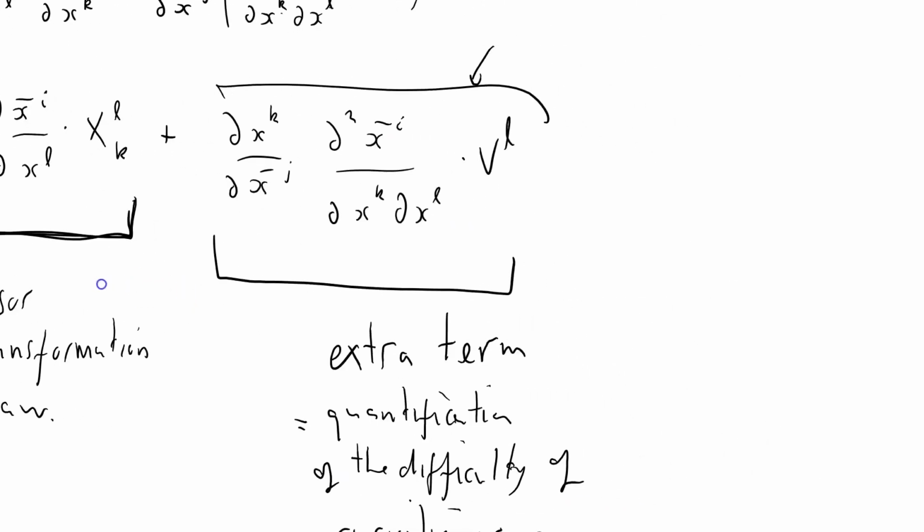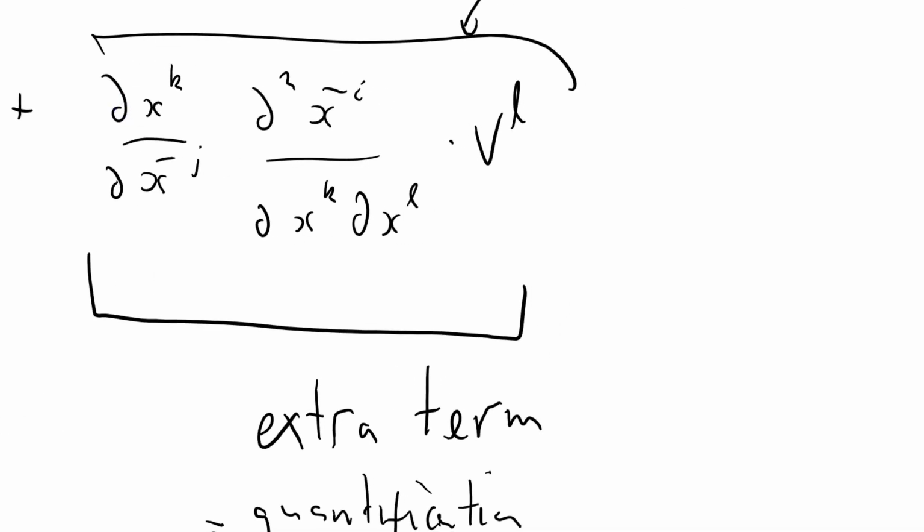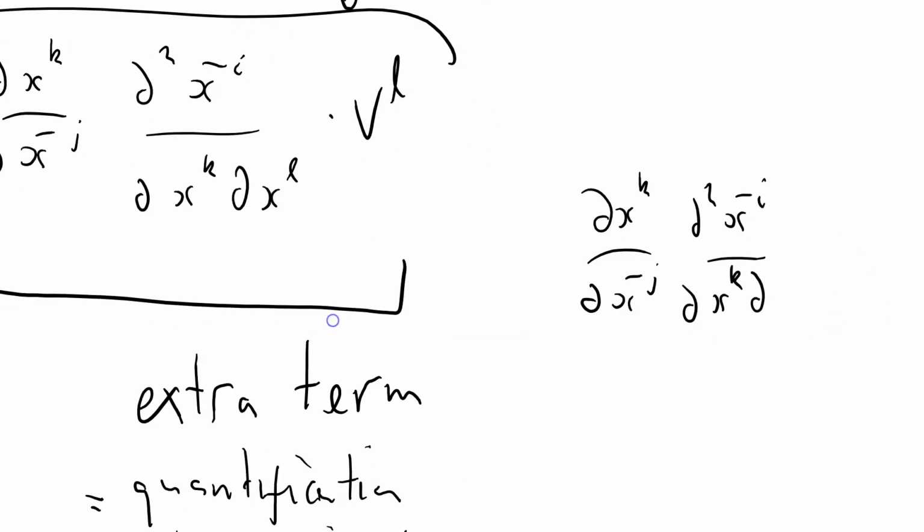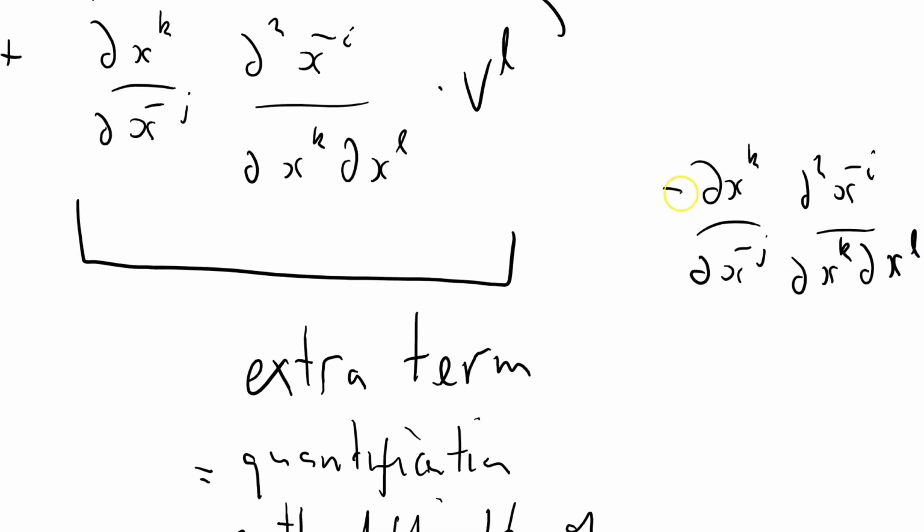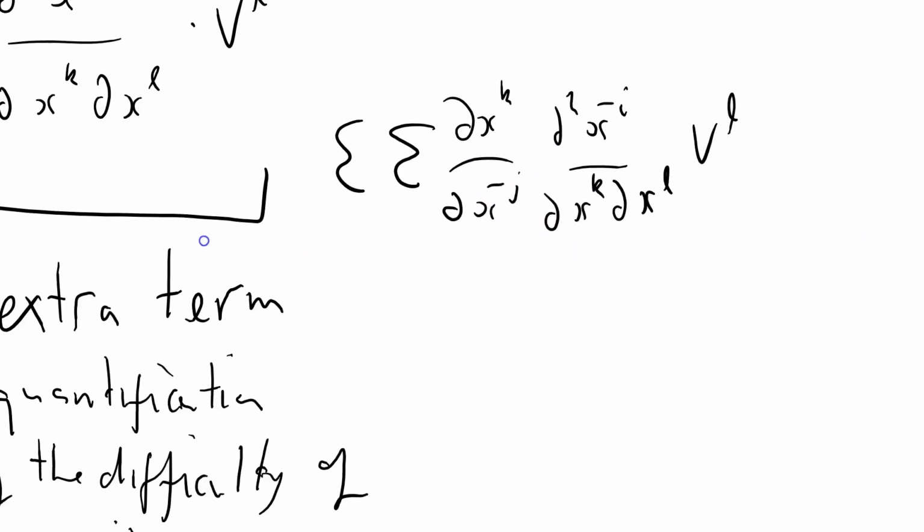Let me write it out again in slightly more expanded notation. ∂x^k/∂x̄^j ∂²x̄^i/∂x^k∂x^L v^L. And I'm going to actually explicitly put the summations in.